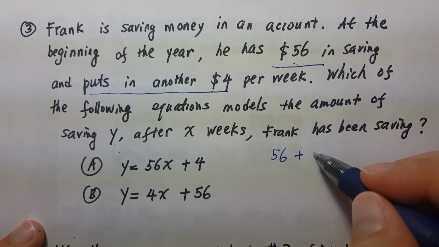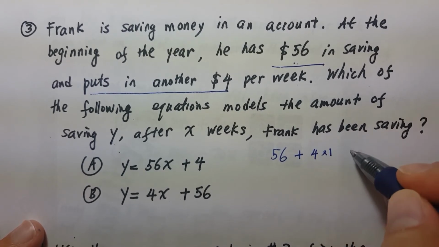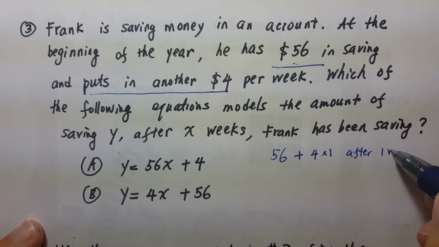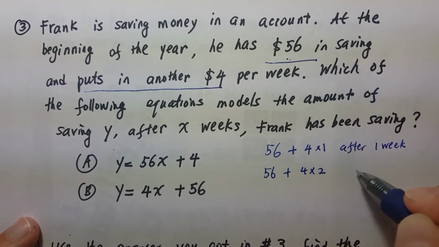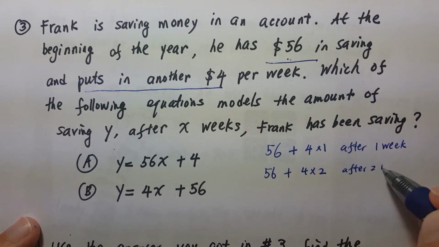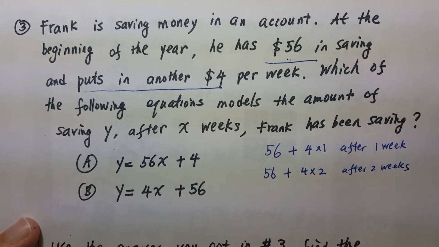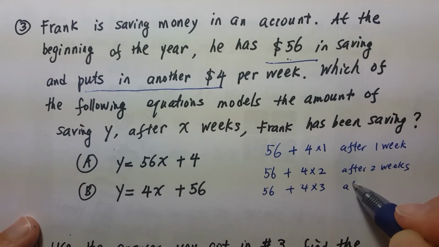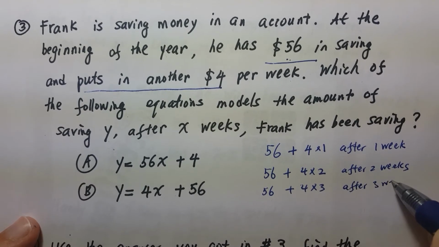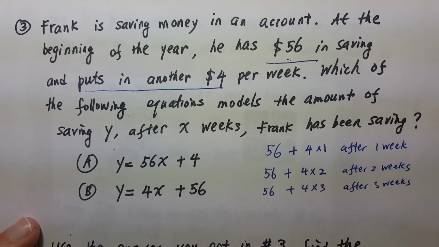After 1 week, it will be 4 times 1. After 2 weeks, it's going to be 56 plus 4 times 2. After 3 weeks, it will be 56 plus 4 times 3. So now we found the pattern.